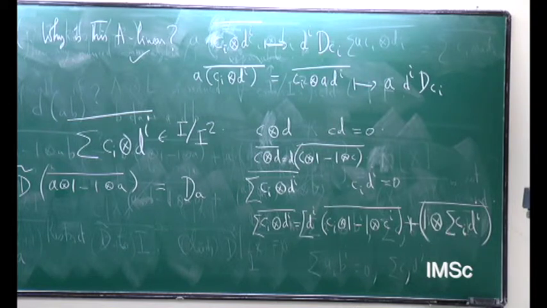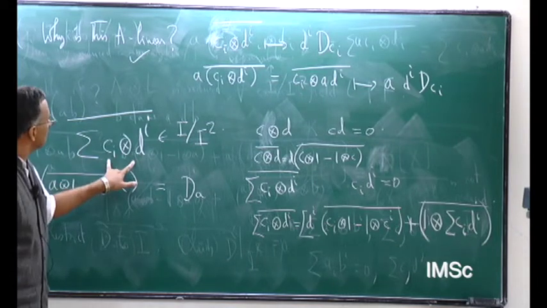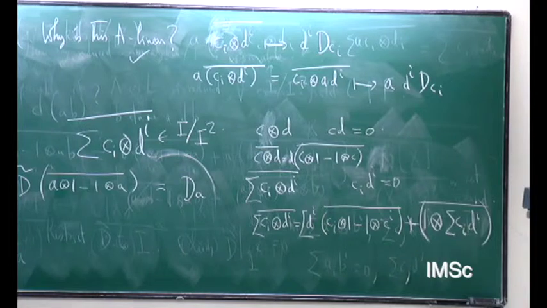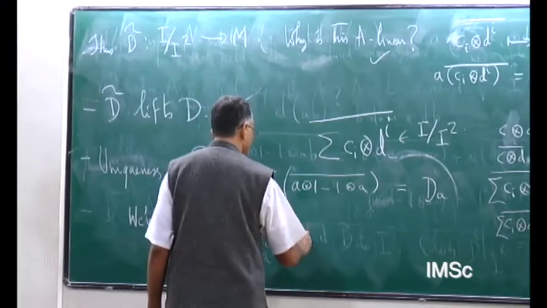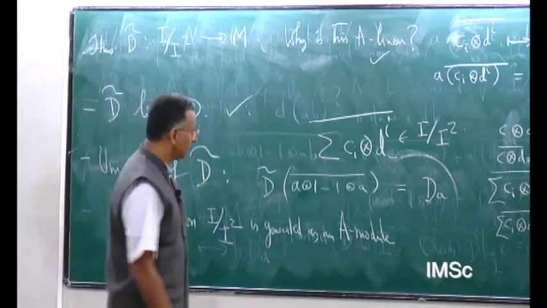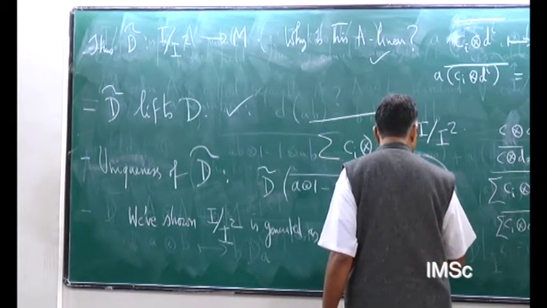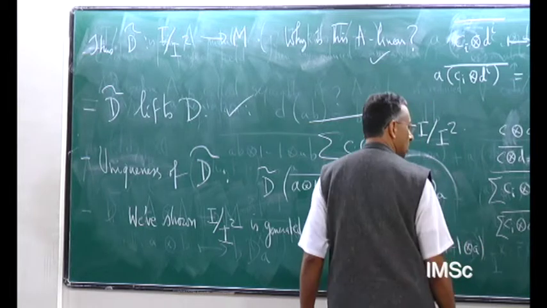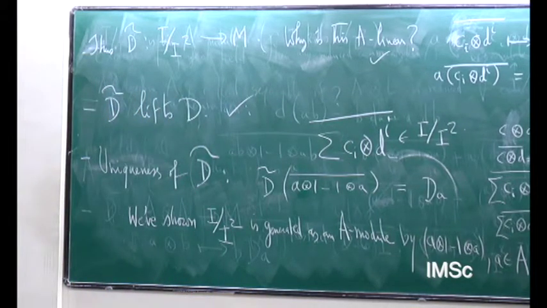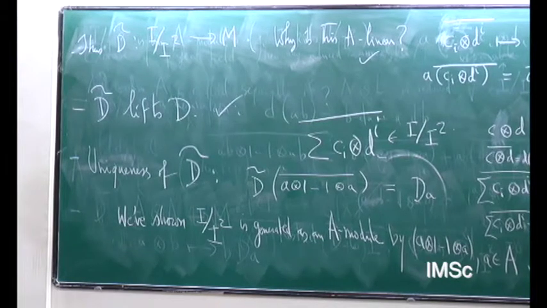Okay, so indeed that shows that elements like this are, so what we have shown is that I mod I square is generated as an A module by 1 tensor a, a in A. Right?